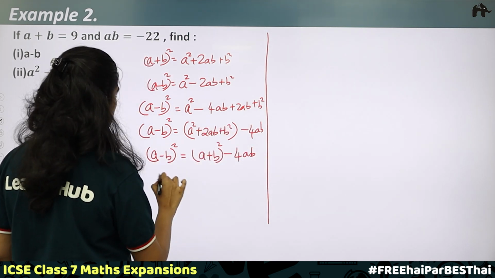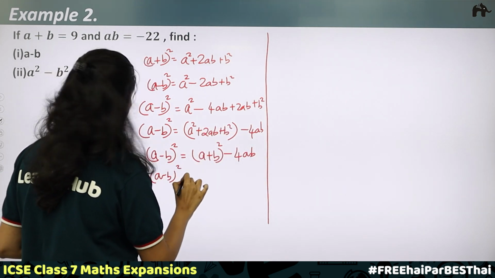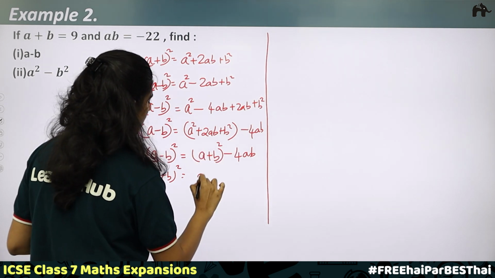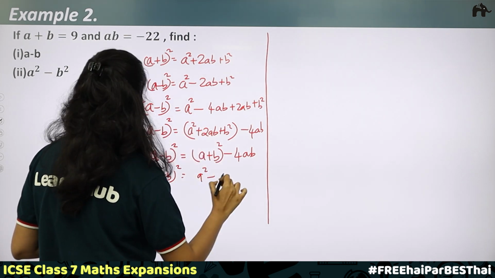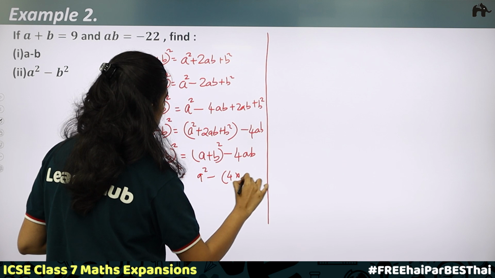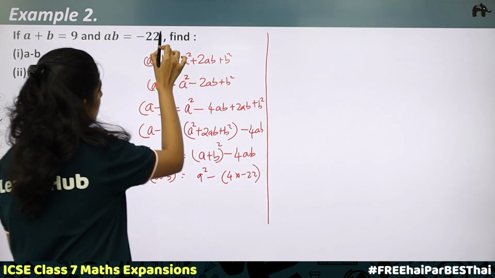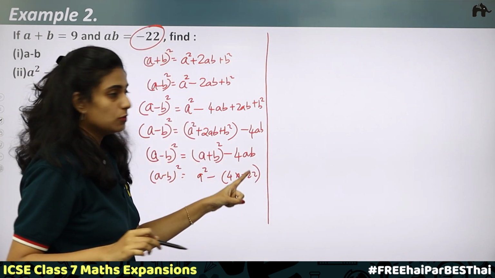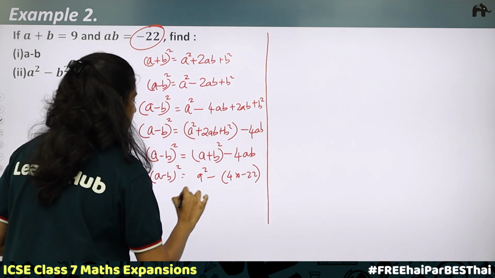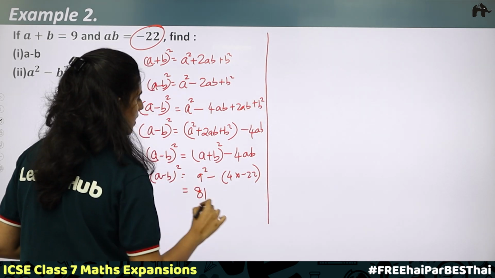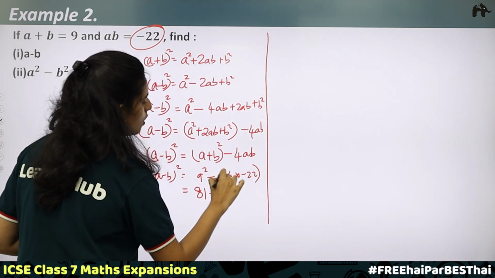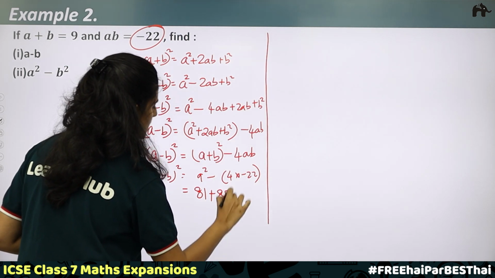Now put the values. (a minus b) whole square is equal to (a plus b), which is 9, square, minus 4 into minus 22. Here we have a negative sign, and you have to remember to put the negative sign. This is equal to 9 square, 81, minus of minus, plus 4 into 22, which is 88.